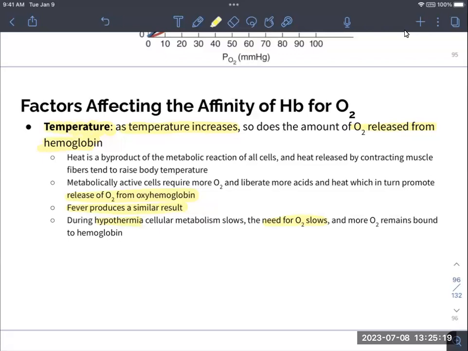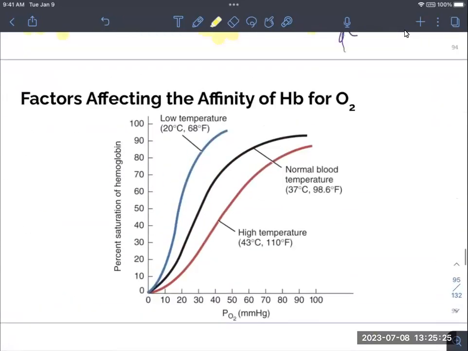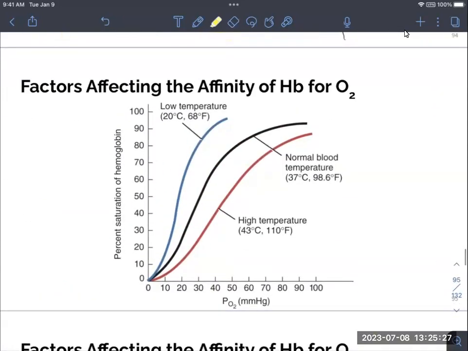Oxygen is going to remain bound to that hemoglobin because we're not needing it. That's where this chart comes into play. So the lower the temperature, the more oxygen stays bound to hemoglobin. The higher the temperature, the more oxygen is being released from that hemoglobin.